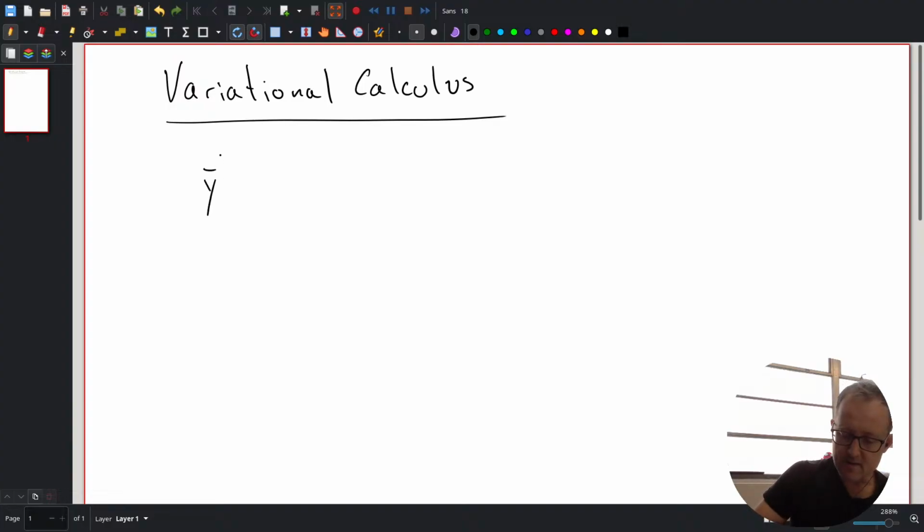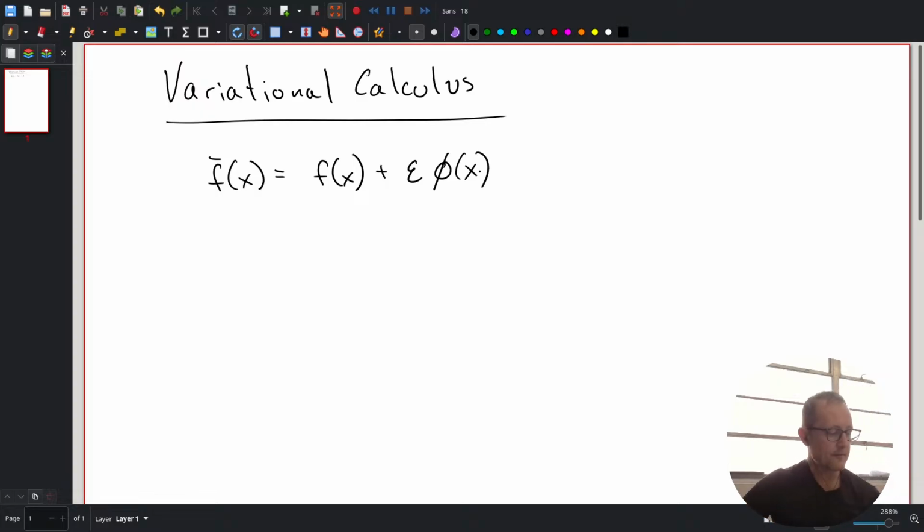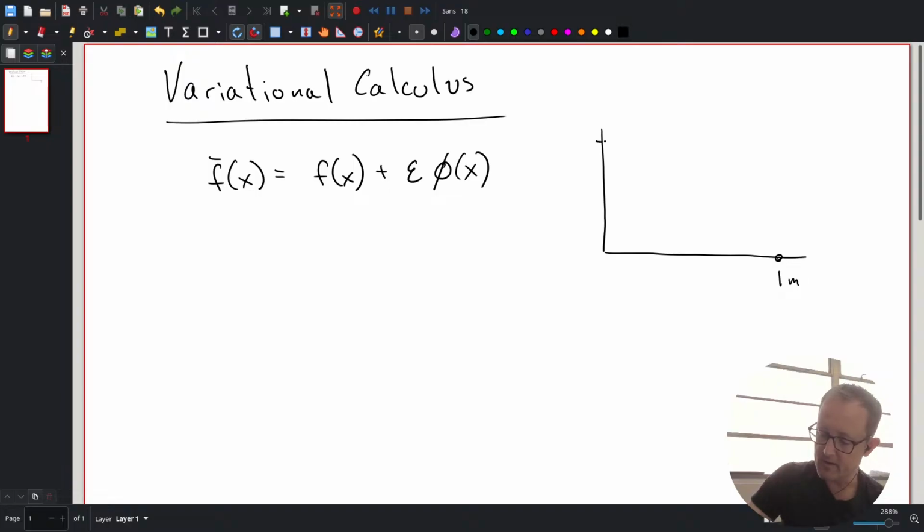Let's call it f bar of x, which is going to be some kind of f of x plus epsilon times this phi of x, where again we have 1 meter out here, we have 1 meter up here.